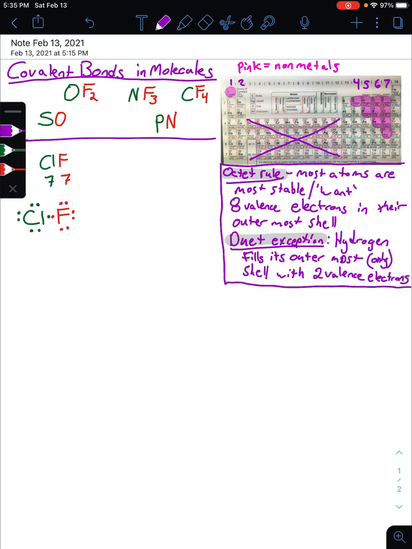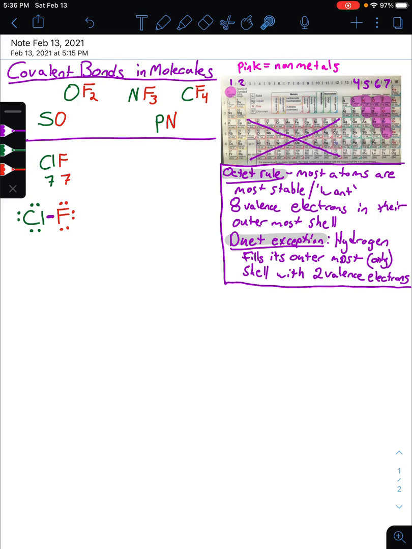I do want to layer on one thing that you commonly see, which is instead of showing the two dots next to each other like that, they will often draw a line over them to hide them. So you've got all the lone pairs remaining on chlorine and a single covalent bond that really is two valence electrons inside, one that is shared from fluorine, one that is shared from chlorine.